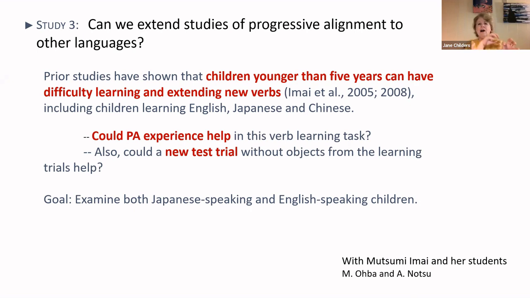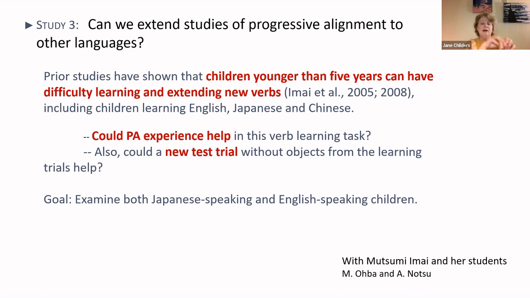So that would be the wrong answer for the verb learning child, because, and I should say they're learning nouns and verbs in these kinds of studies, and some are learning nouns and some are learning verbs, which is also a great part of the studies. But in the test trial, after they see a single event, that object is shown on one side of the screen, moved in a different way. And that would be the right answer for a noun child, but the wrong answer for a verb child.